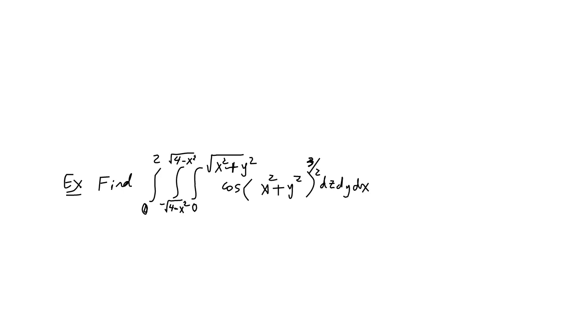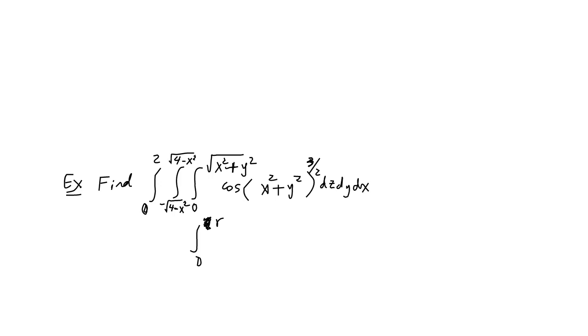Okay, so now what we need to do is sketch the region in dy dx. Of course, for z, this is from 0 to radical x squared plus y squared. This is z, I'm sorry, r. Now, what about the region?